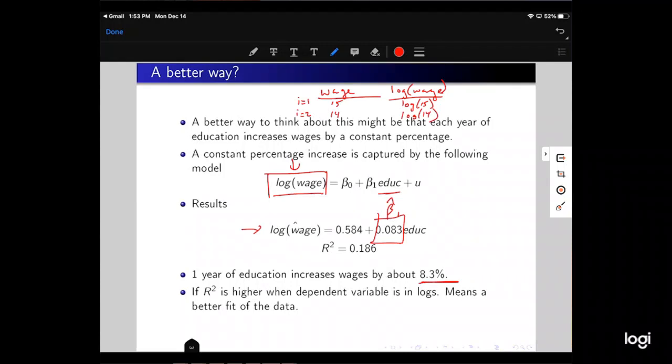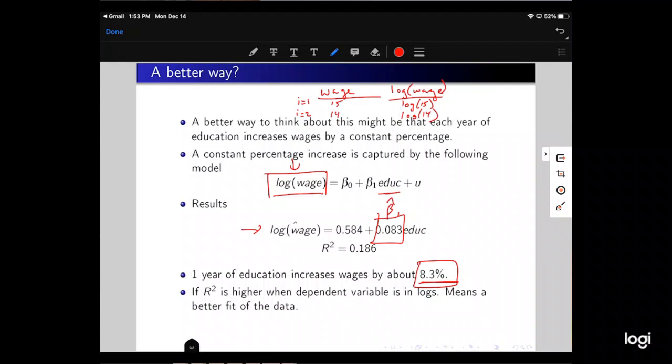Now we're saying at 1 year of education and 22 years of education, another year of education is going to increase wages by 8.3%. And so that's going to mean that at 22 years of education, wages are going to increase more in absolute value than they would if you had 1 year of education. Presumably, wages start at a higher value with 22 years of education.